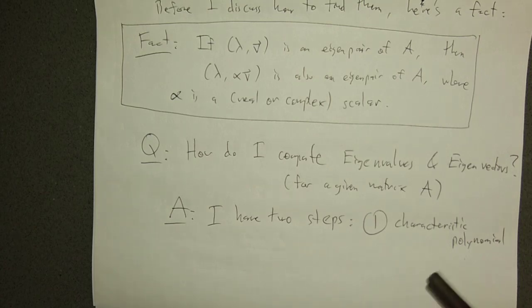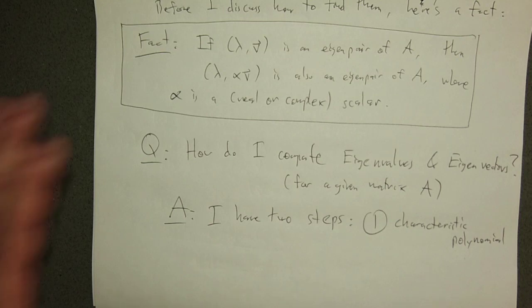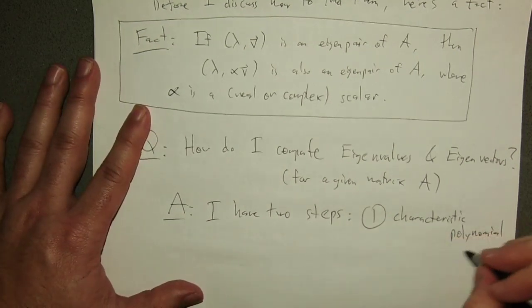This characteristic polynomial is not the same as the characteristic polynomial that you dealt with in chapter 2, but it is the same thing. On its face, it doesn't look like it's the same thing. So there are 2 steps. Step 1, the characteristic polynomial of A.